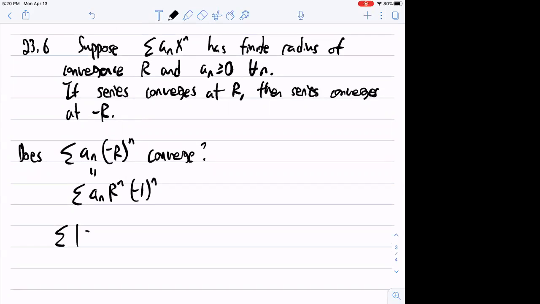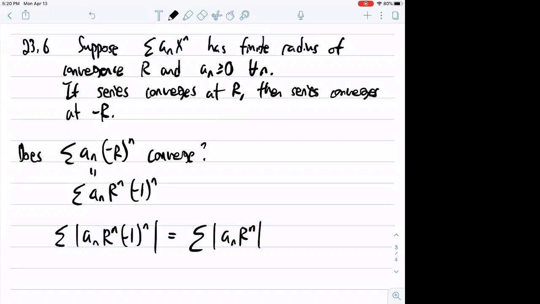So let's instead check whether the sum of the absolute value of a_n converges. This is what happens to the -1 to the n when you take the absolute value. It goes away, right? So you get a_n r to the n.